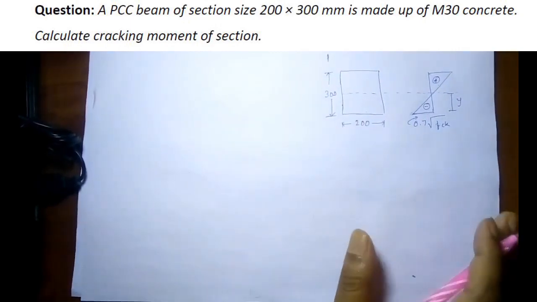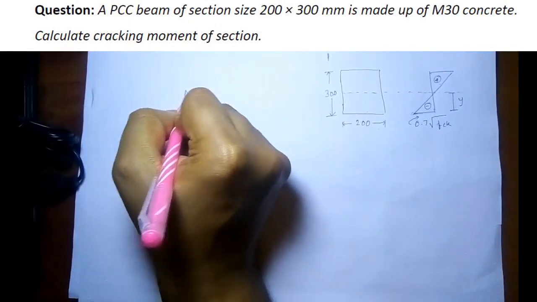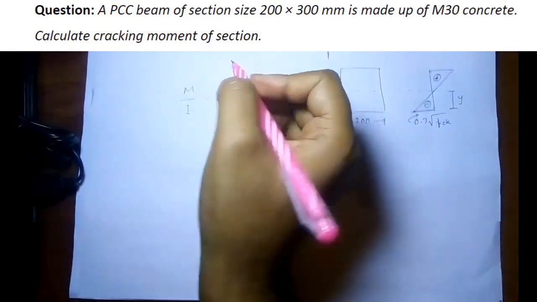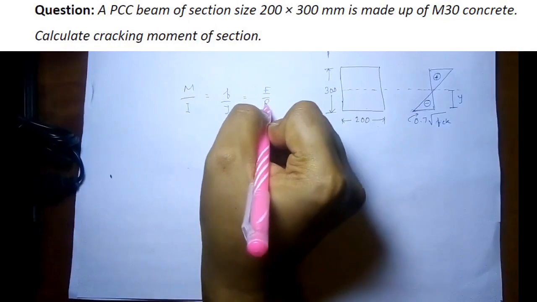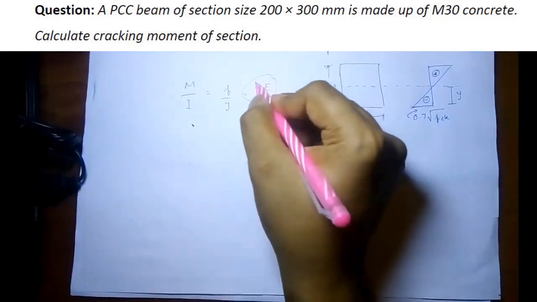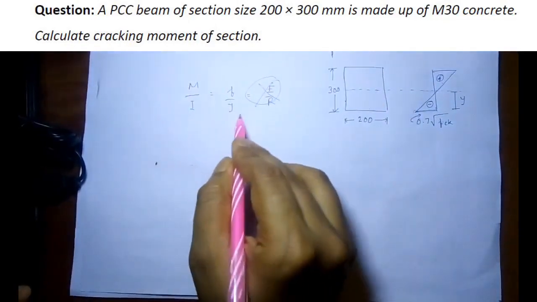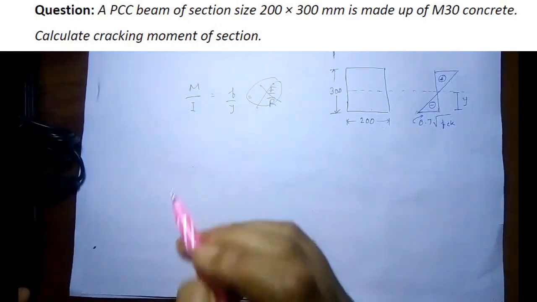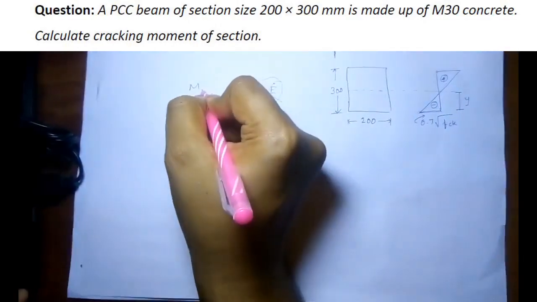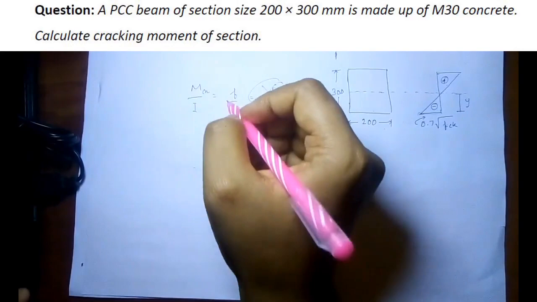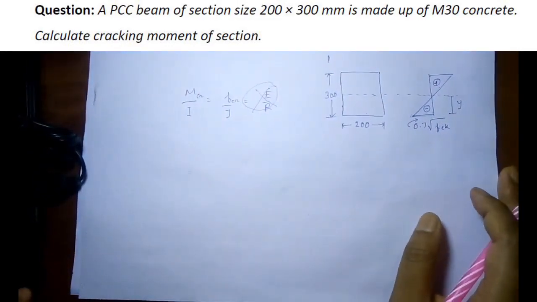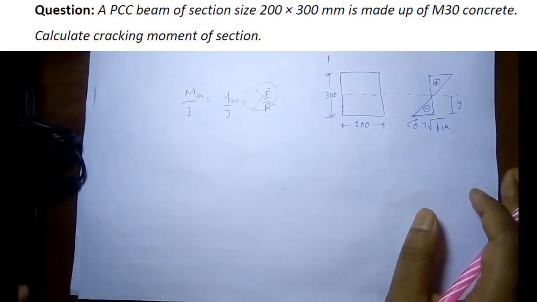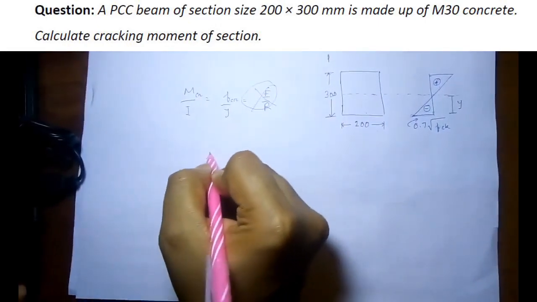According to the flexure formula, we know that M by I is equal to f by y, which is equal to E by R. Let us forget the last part now. M by I is equal to f by y, and as we are calculating the cracking moment, let us consider this one as Mcr and this one as fcr.